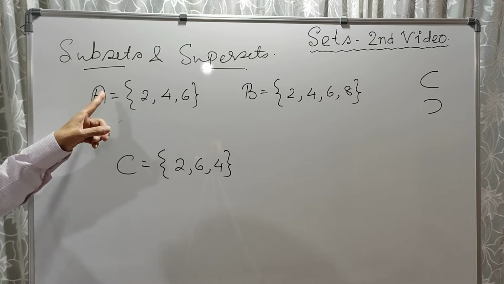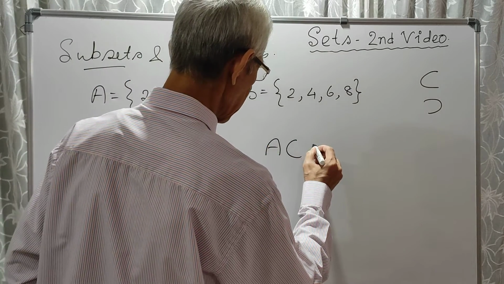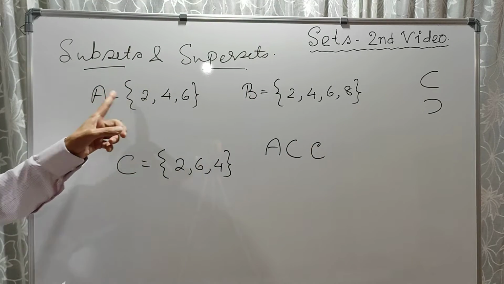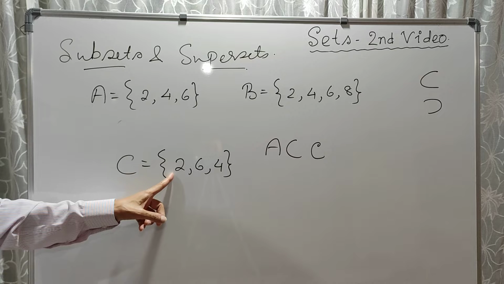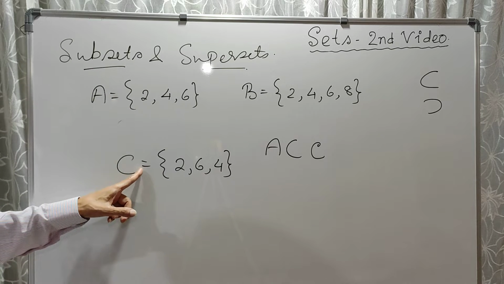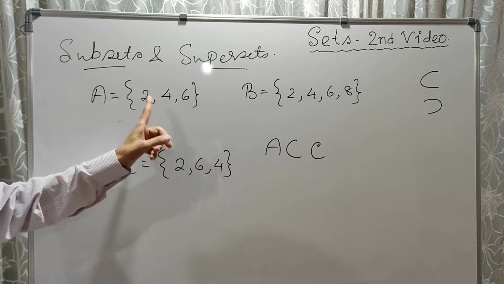Therefore A is a subset of C. Why? Because each and every element of A is present in C. And conversely, each and every element of C is present in A. See, 2 is present here, 6 is present here, 4 is present here.